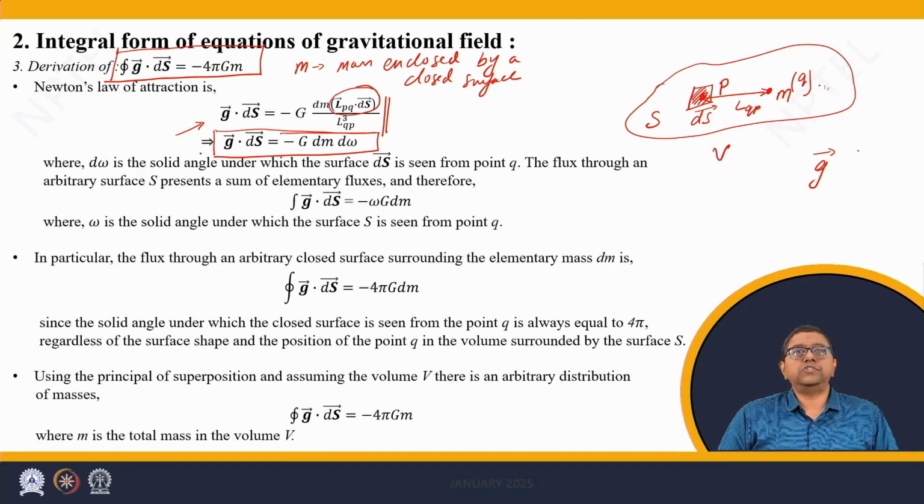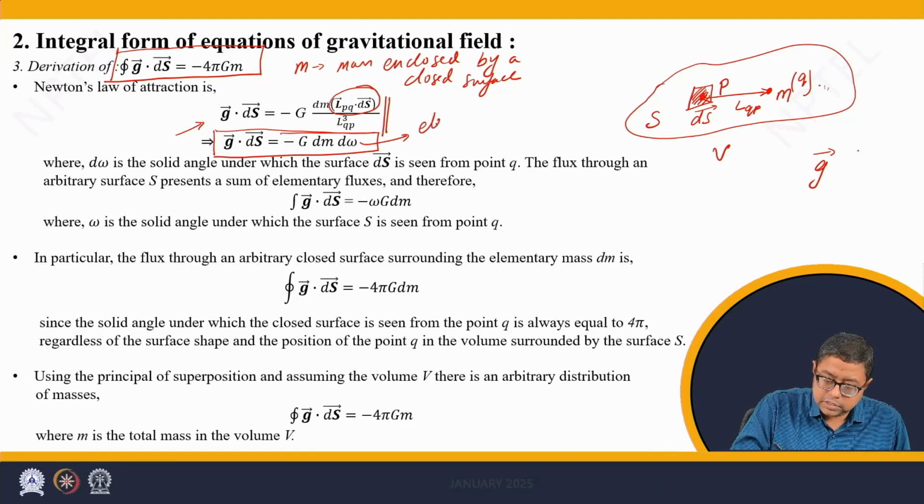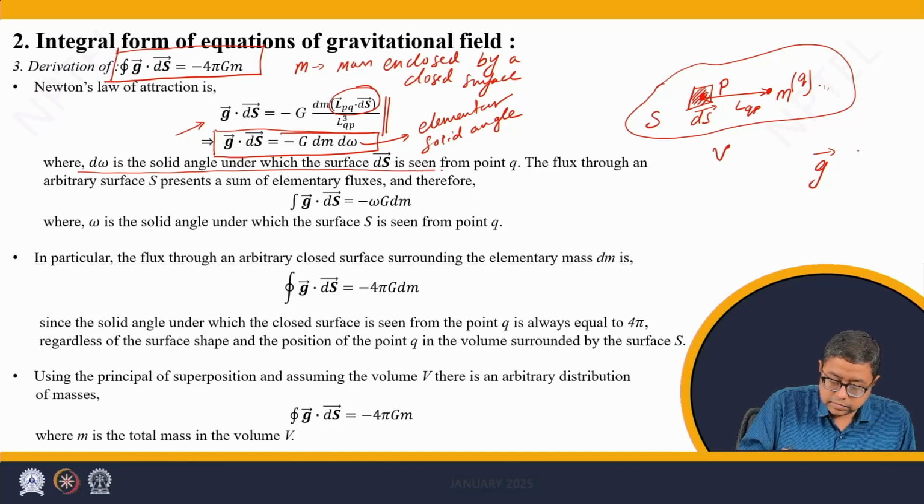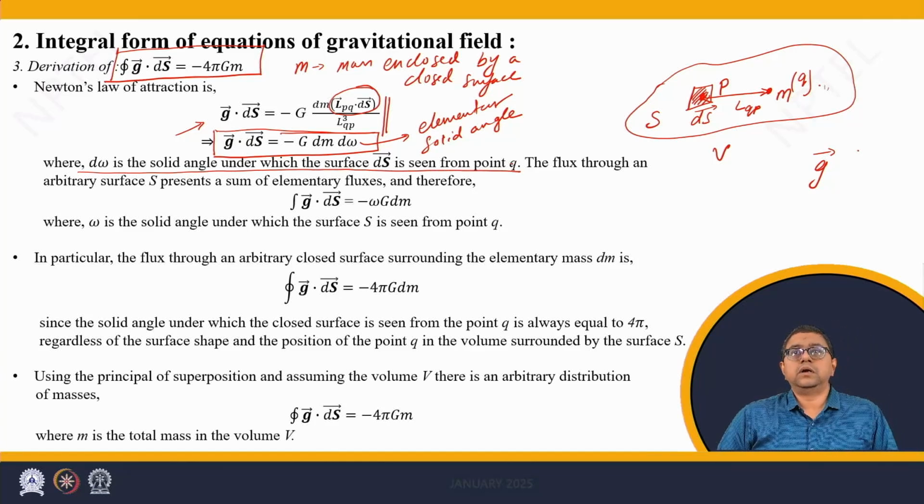It is also useful to represent this as g dot ds equals minus G dm d omega. D omega is the elementary solid angle subtended by the elementary surface area ds at the point Q. For a better understanding, let us have a separate diagram.